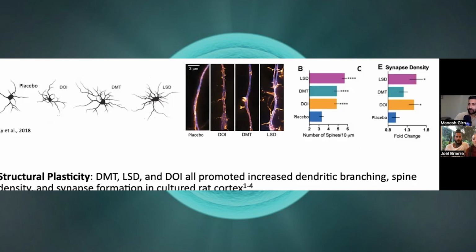And in terms of the density of synapses, so the number of connections between neurons, in terms of a fold change, so like a multiplier, like 1.3 times, 1.8 times, it's higher with all three of these drugs as well. And so we know pretty firmly that these psychedelics do increase structural plasticity and facilitate the formation of more synapses, more potential connections between neurons.